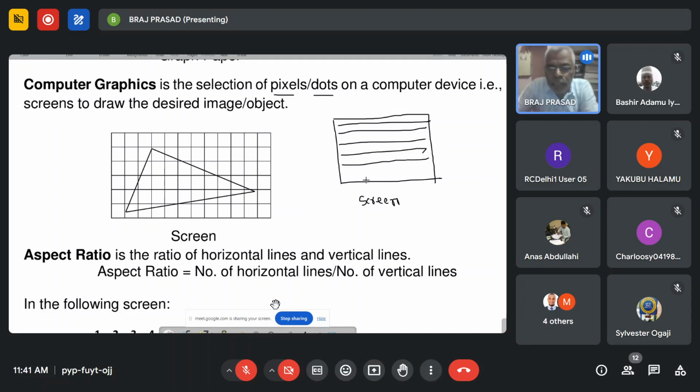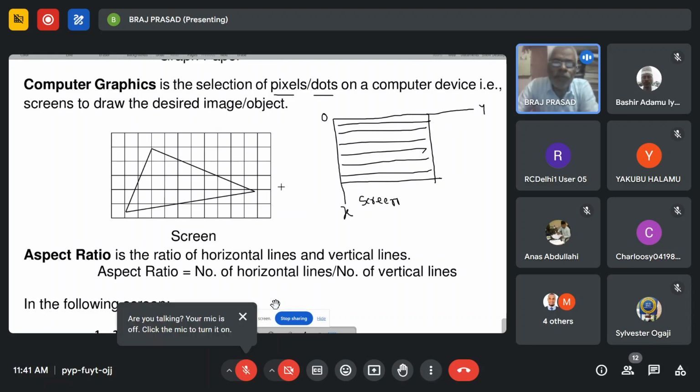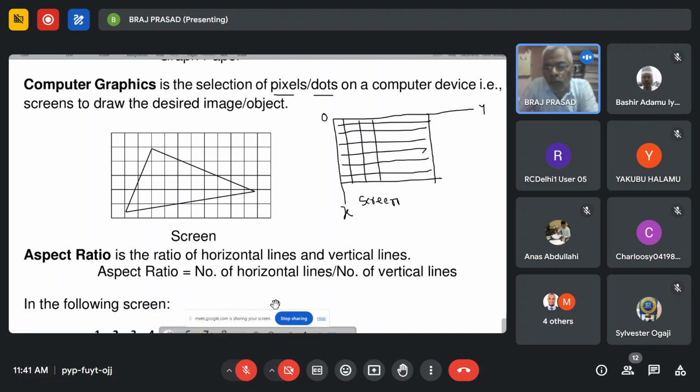So in computer graphics, the screen origin is at this place, and this axis is called y, and this is called x. If we draw the rows and columns, then the intersection of a row and column is called a pixel in computer graphics.